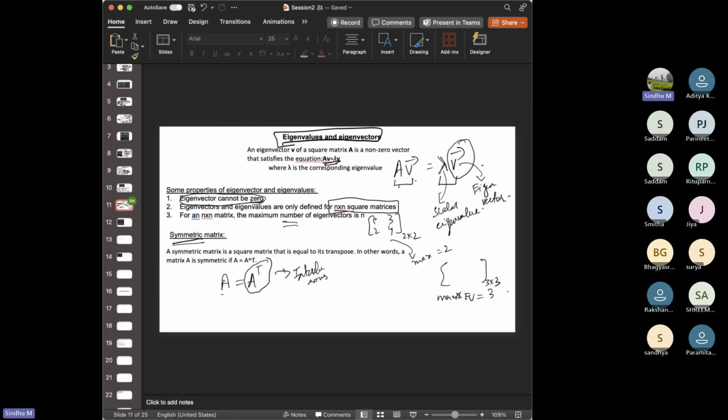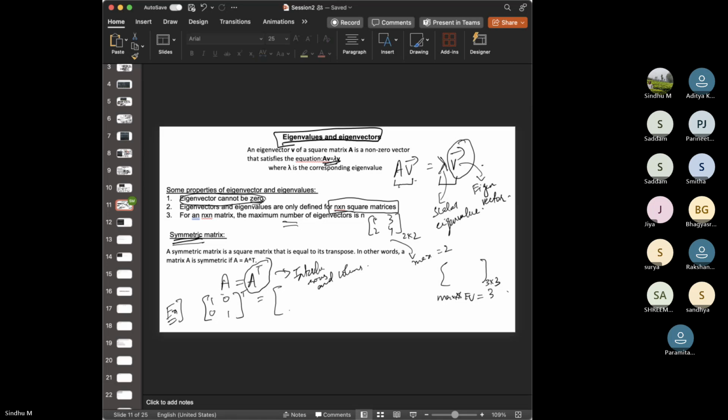A simple example of a symmetric matrix would be the identity matrix. When you transpose it, this column will become the row. So this will be 1, 0, 0, 1, and these two values are the same. So it's a symmetric matrix.